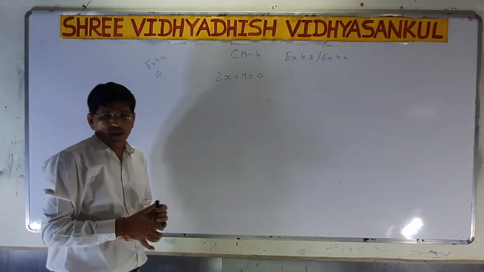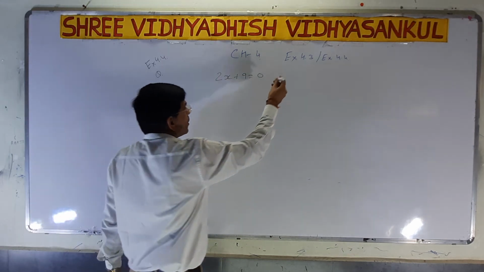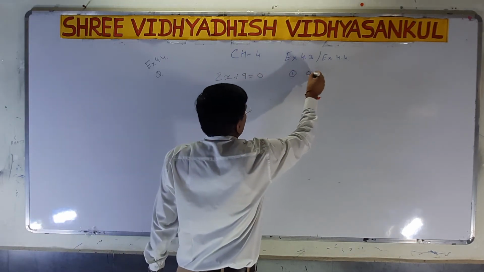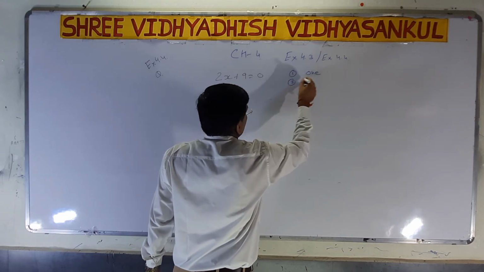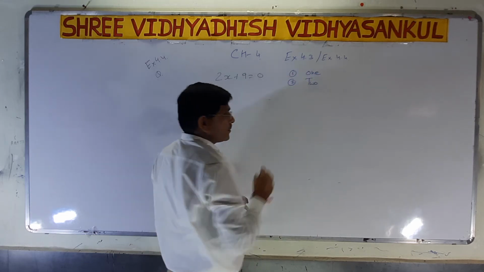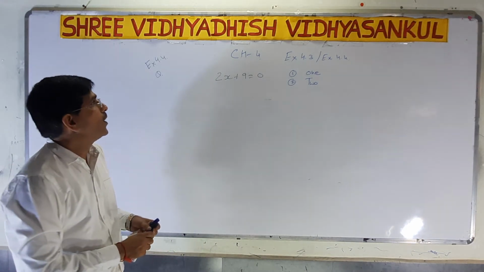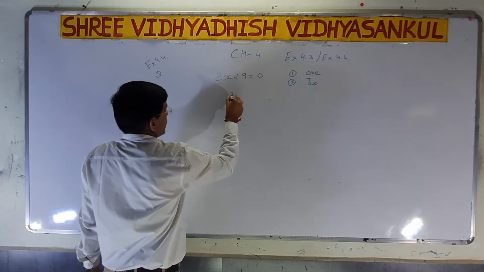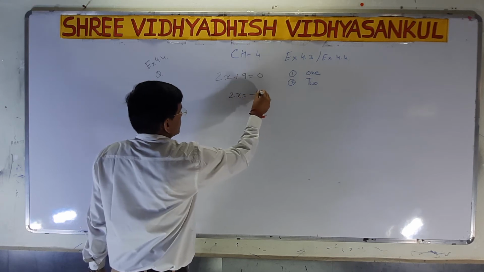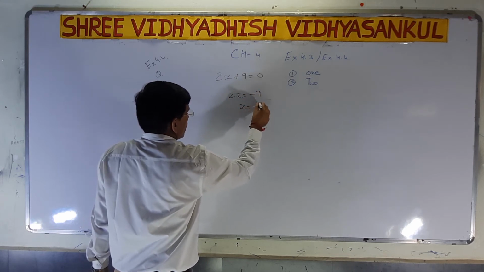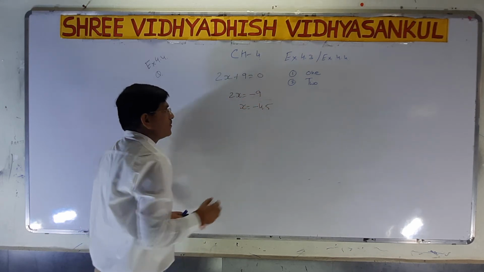It can be made for one variable and for two variables. For one variable, we know that first 2x is equal to minus 9, x is equal to minus 4.5.